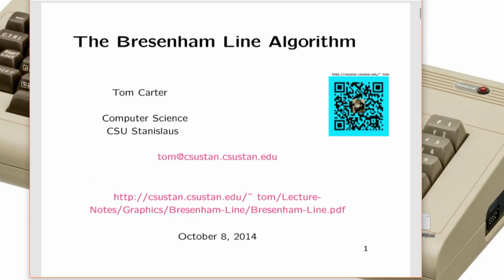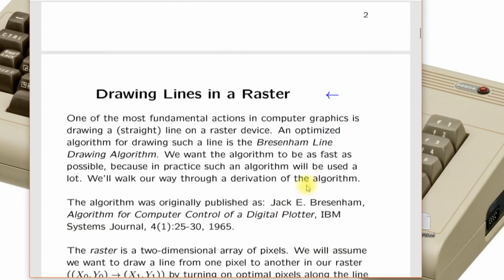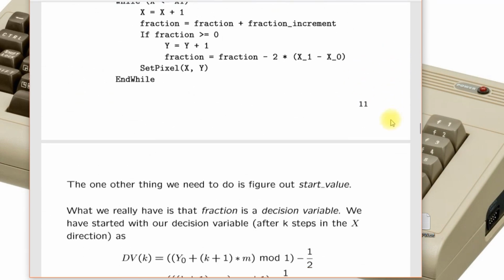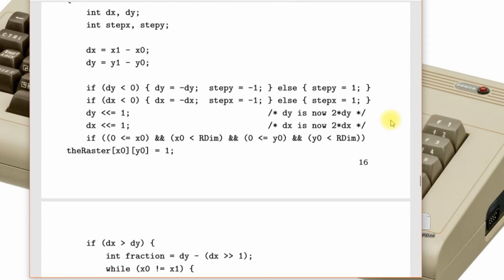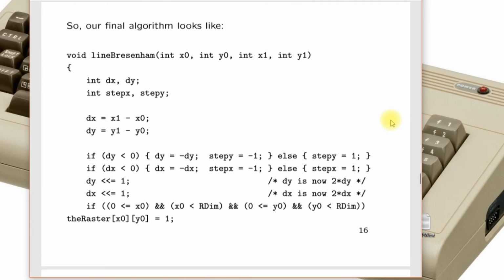Here is the Bresenham paper that I mentioned, and the link to this is in the description below. This is kind of the best practical explanation I found of it, and I'm going to skip ahead down to page 16. This is kind of a generic or pseudocode description of the final algorithm.